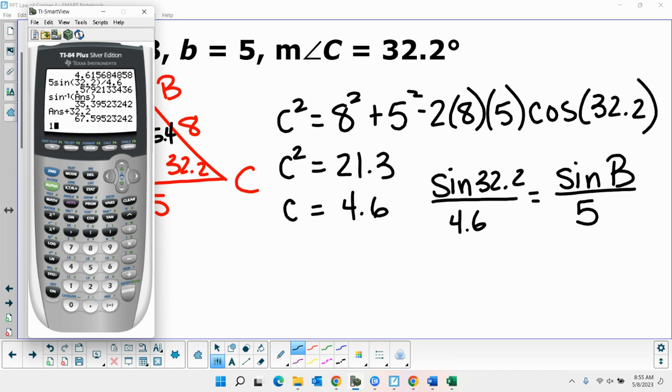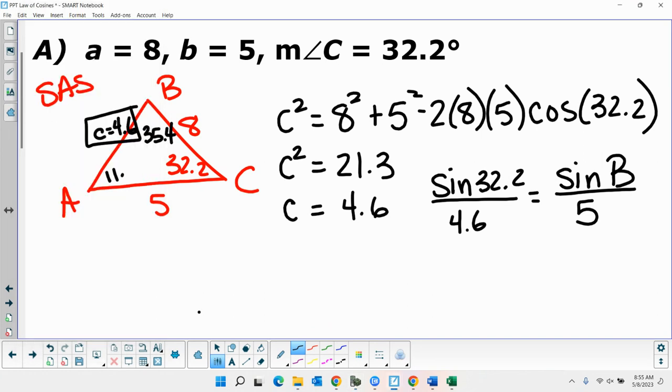And then go 180 minus that answer. And you get 112.4. Whoa, not 11.2.4. I don't know why I wrote it that way. 112.4. Sorry about that. So there's our three answers. Two angle measures and a side. Okay, that was side angle side.